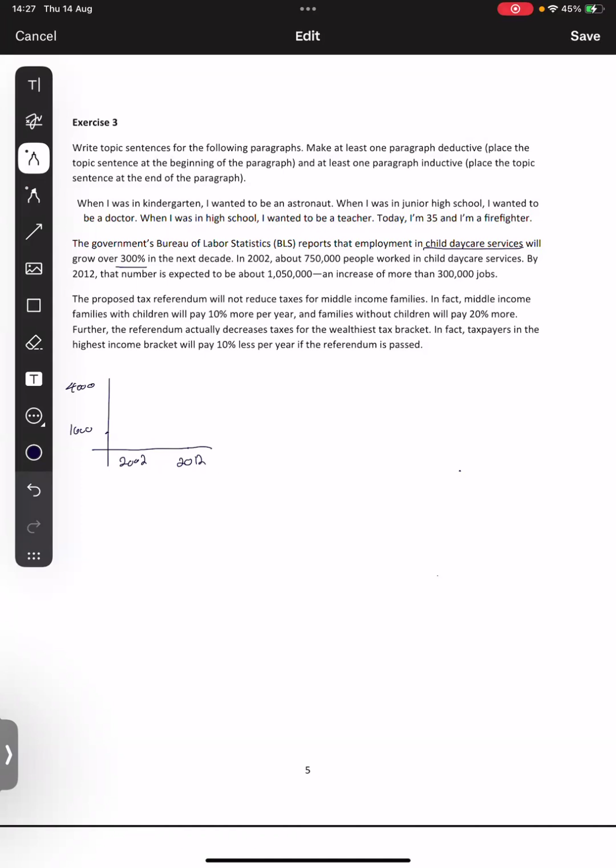So three times 1,000 is 3,000 plus 1,000 is 4,000. So from 1,000 to 4,000. That's quite huge.